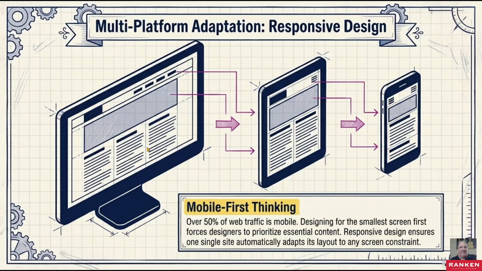Multi-platform adaptation, responsive design. Nowadays, over 50% of all web traffic is mobile, right? A lot of these frameworks, like a framework called Bootstrap for cascading style sheets, we'll learn a little bit about in this course.